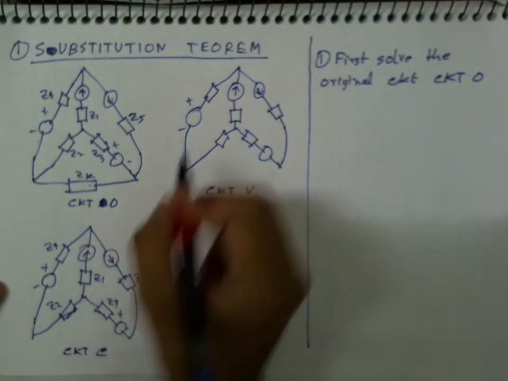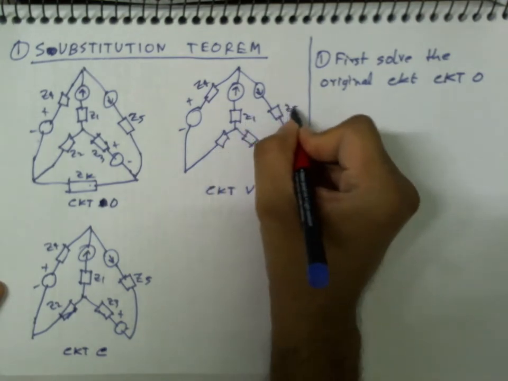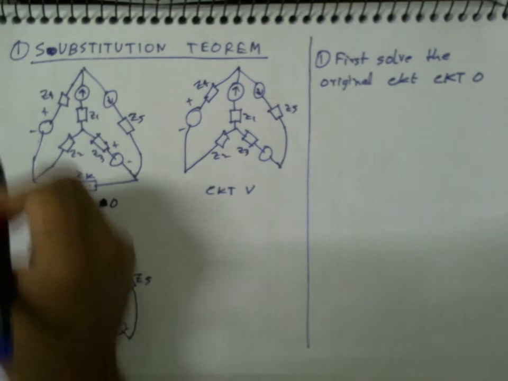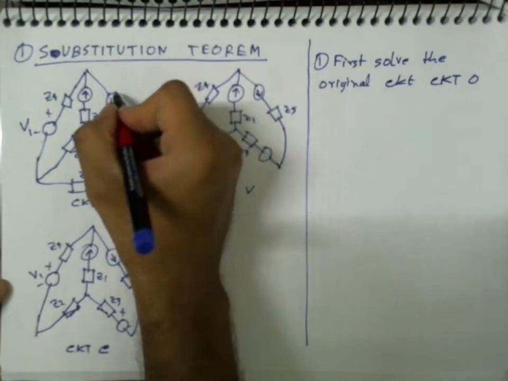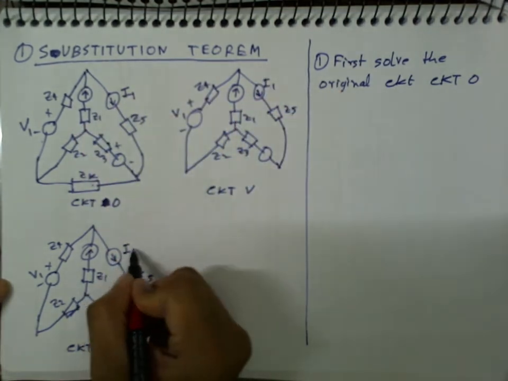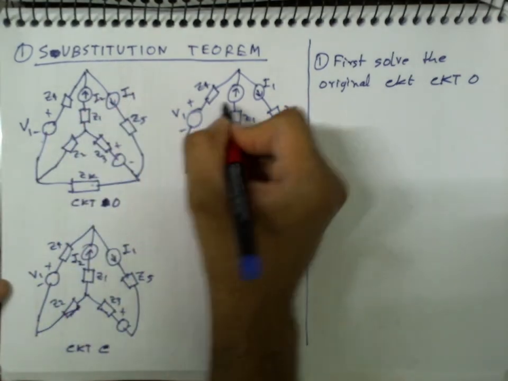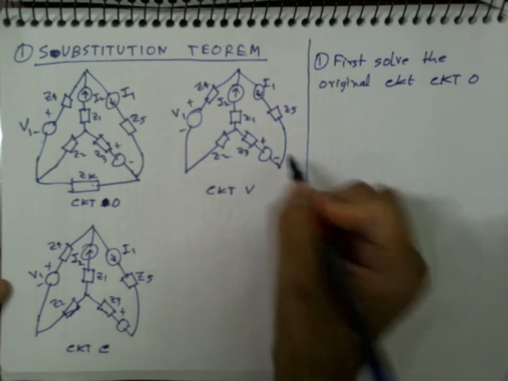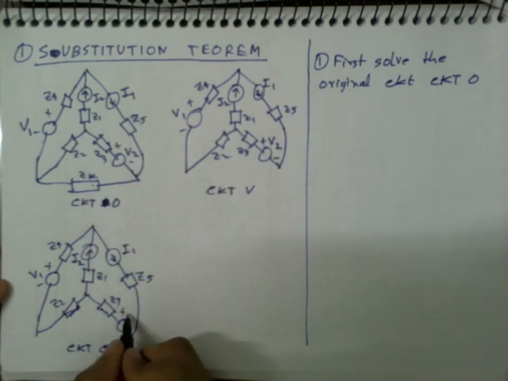This is not there, I'll do something there. Z4, Z1, Z5, Z3, Z2. Okay, and let me call this V1, V1, V1, same thing, current source I1, I1, I1, and this one is I2, I2, I2, and this one plus minus, let me call it V2, V2, and V2.